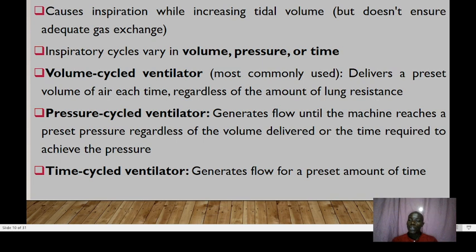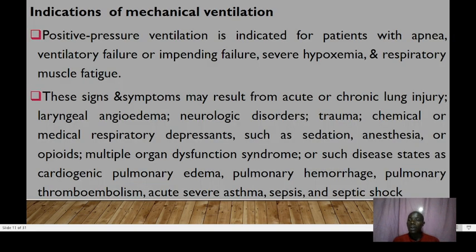For the volume cycle, the ventilator is the most common one used, and it normally delivers a preset volume of air each time, regardless of the amount of lung resistance. When you compare it with the second one, the pressure cycled ventilator, this generates flow until the machine reaches a preset pressure regardless of the volume delivered or the time required to achieve the pressure. Lastly, the time cycled ventilator generates flow for a preset amount of time.